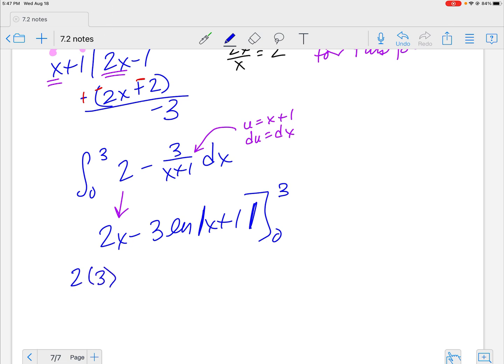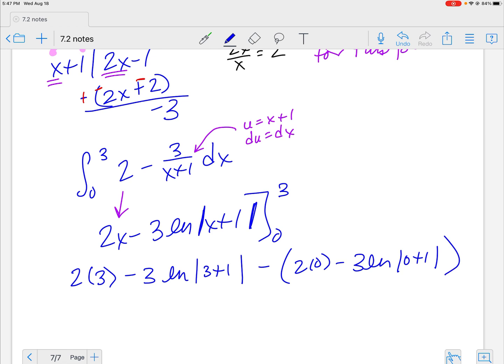Then, fundamental theorem of calculus. 2 times 3 minus 3 natural log of 3 plus 1 minus 2 times 0 minus 3 natural log of 0 plus 1. And don't forget, when you look at the natural log of 1, let's draw a graph again.